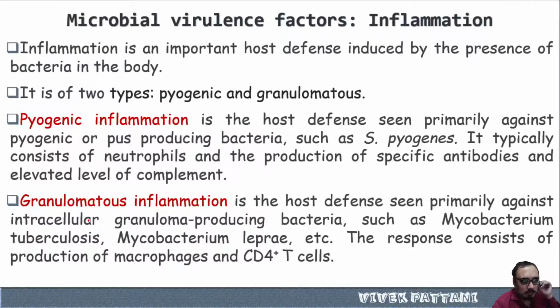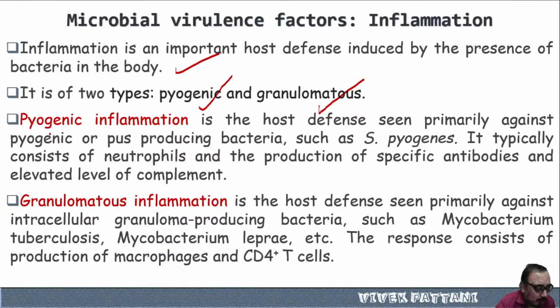Now come the other microbial virulence factors, in which inflammation. You already studied infection, so I'm not going to go into more detail about inflammation right now. Inflammation is an important host defense induced by the presence of bacteria in the body, and in the case of an infection it is of two types: pyogenic and granulomatous.